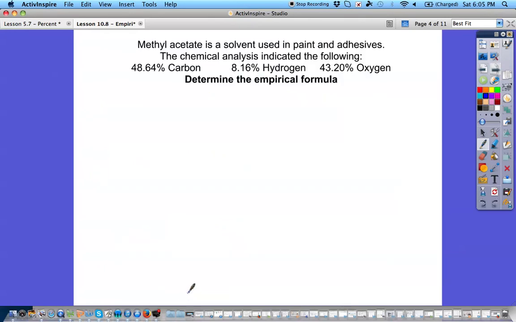In this problem, it says that methyl acetate is a solvent used in paint and adhesives. The chemical analysis indicated the following, that there's 48.64% carbon, 8.16% hydrogen, and 43.20% oxygen. Okay, so we're going to start with carbon, then we have hydrogen, and then oxygen. We're given percentages. So again, we're just going to change that percentage sign to grams.